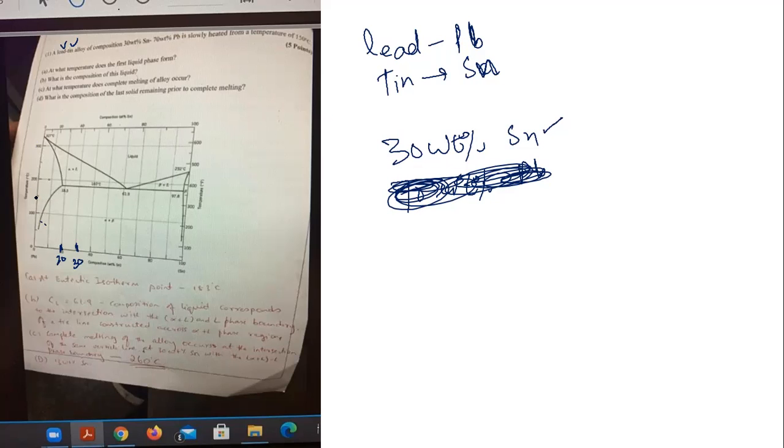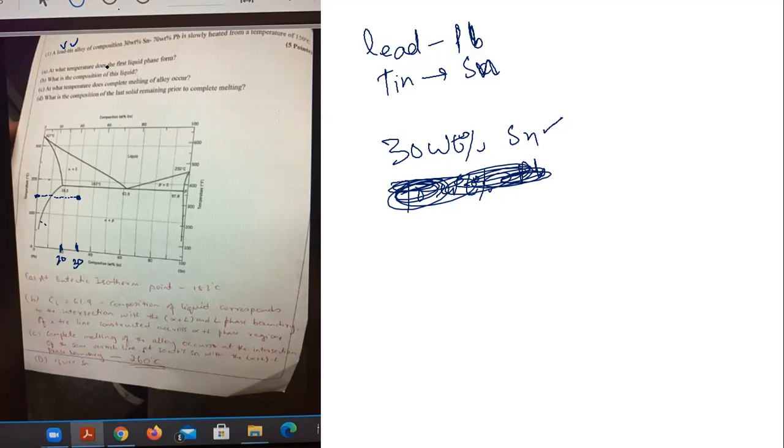So this is the half point, the middle point. You will draw a horizontal line, and from here we start heating, right? Yes.